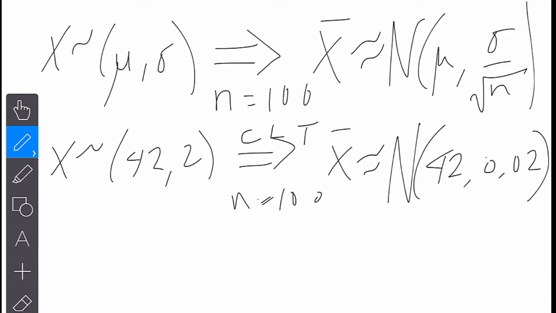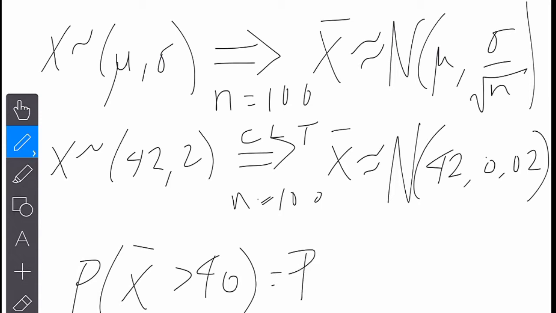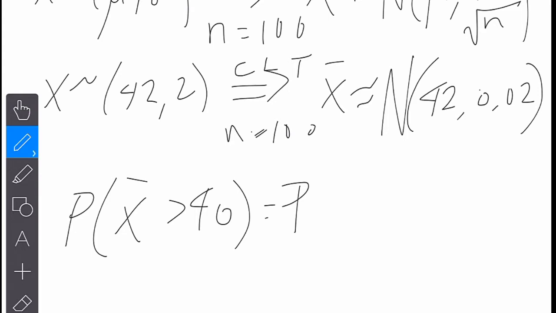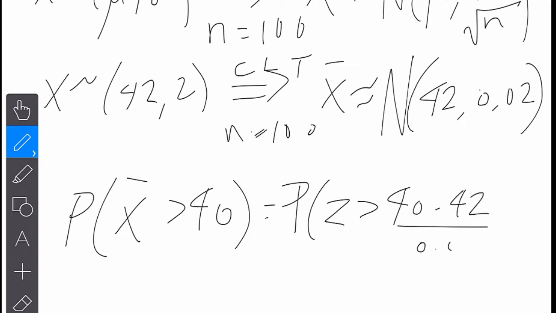So I can answer now the probability that X bar is greater than 40, standardizing this. So notice the standard deviation is so much smaller.